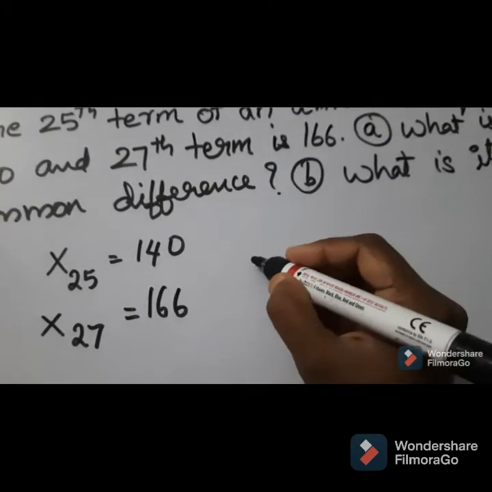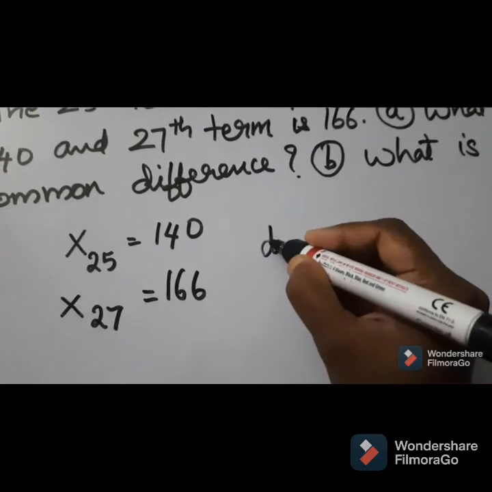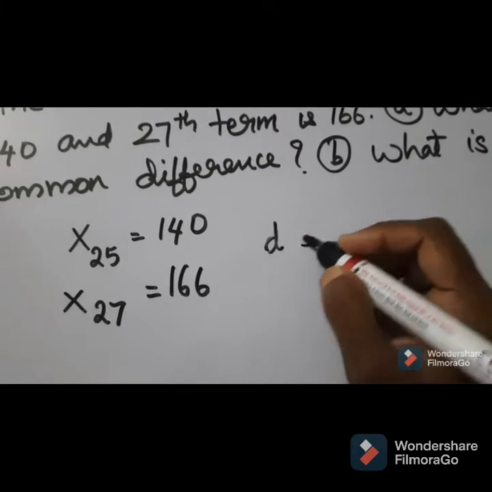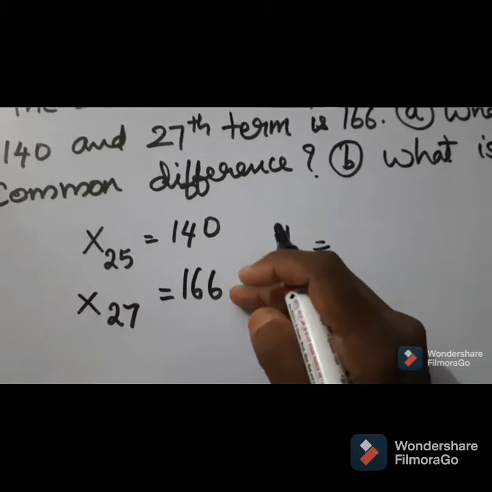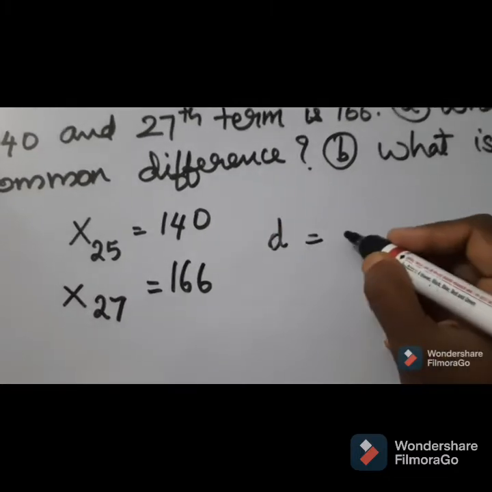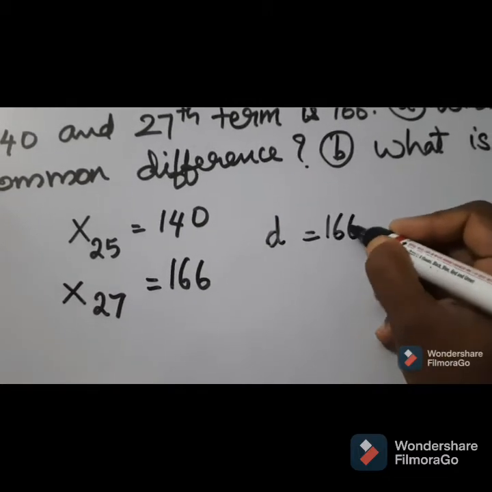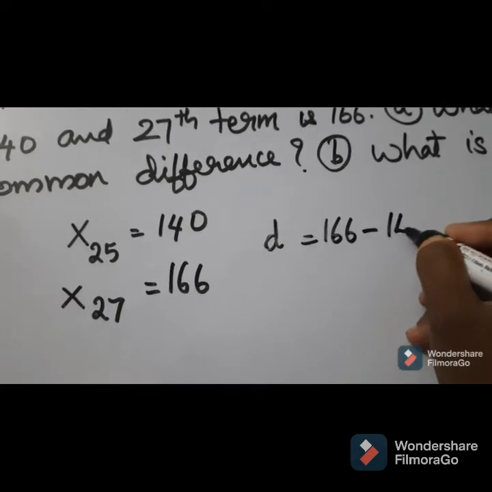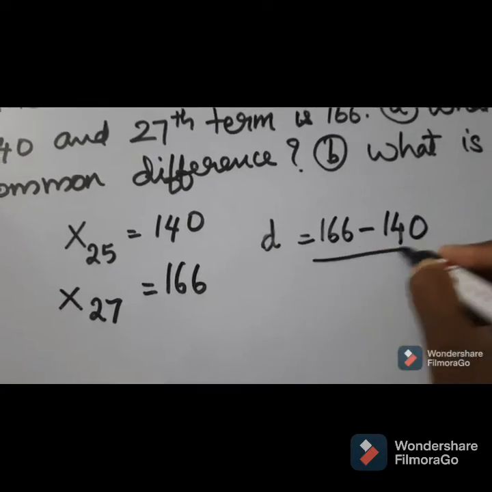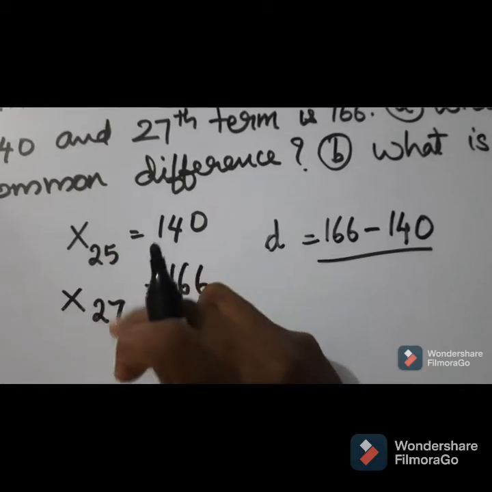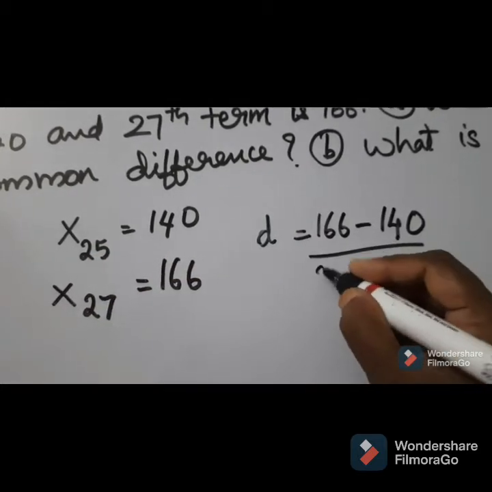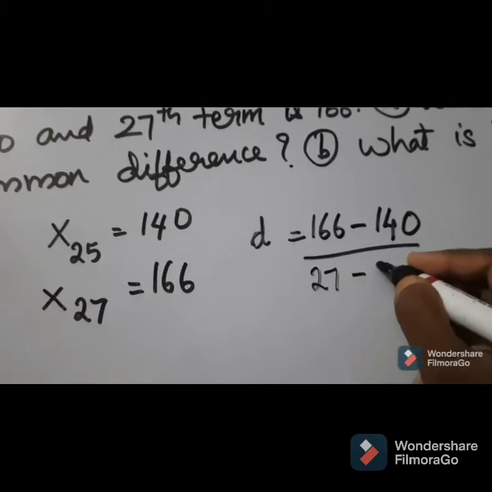We want to find the common difference, that is D equal to the difference of these terms, 166 minus 140, divided by the difference of the positions, 27 minus 25.